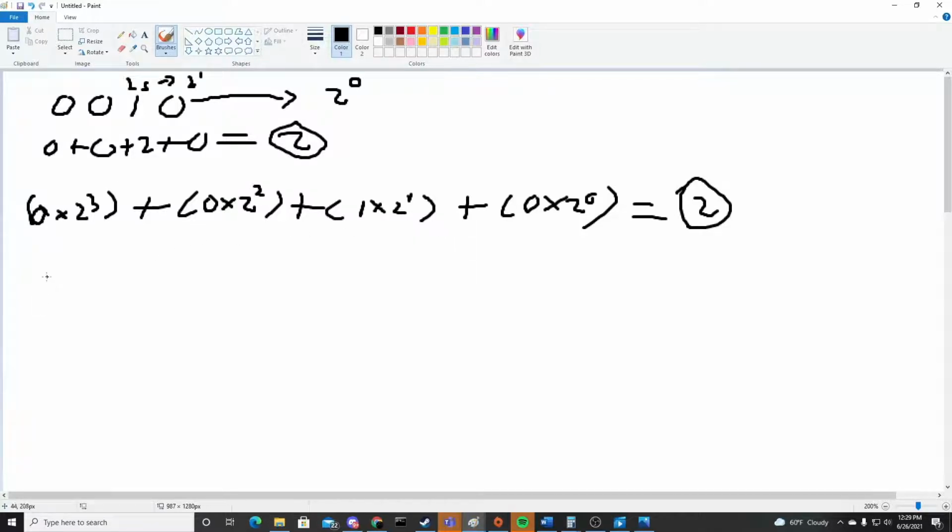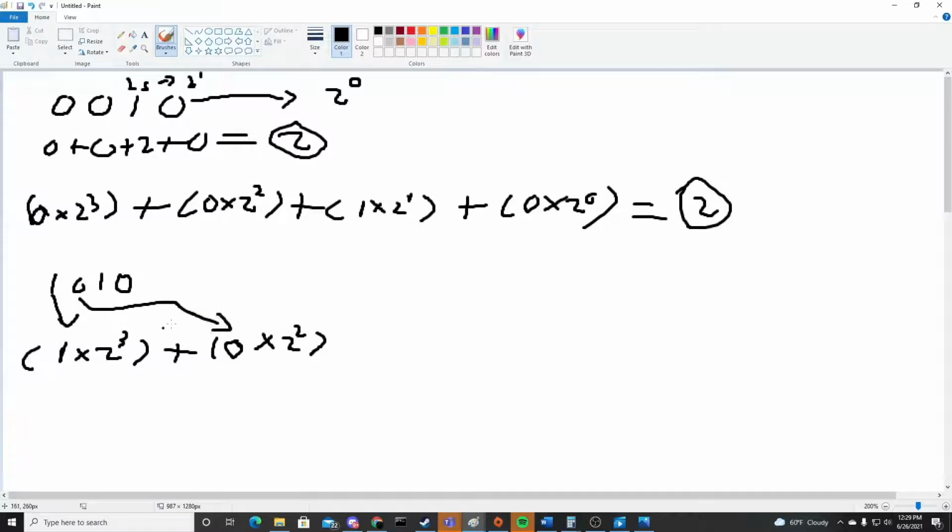So if we did another example, where we had something more like 1, 0, 1, 0. Well, in this case, we would have 1 times 2 to the third, which again is just 8, plus 0 times 2 squared, so we have a 0 in our fourth place. Excuse me, I'm sorry, 0 here, not 1. Let me back that up here. I'll map these out too just to make it more clear.